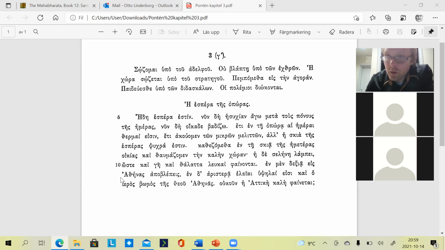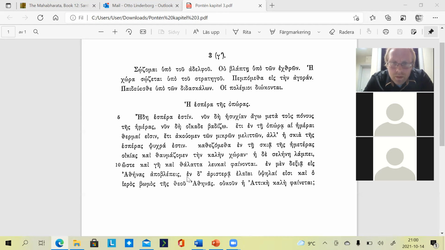So it's in the plural, actually, the city of Athens. So on the right hand, or to the right, into Athens you look, literally. But on the right hand, you see Athens.